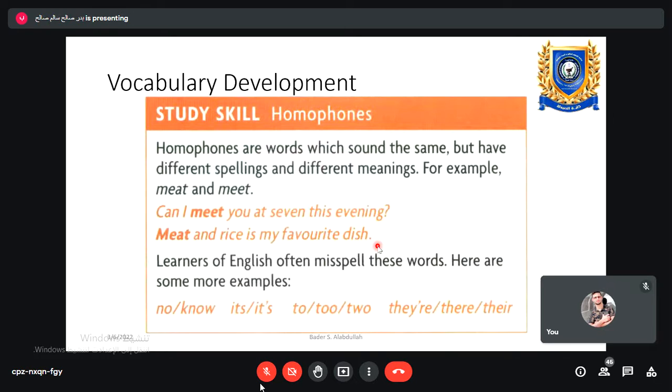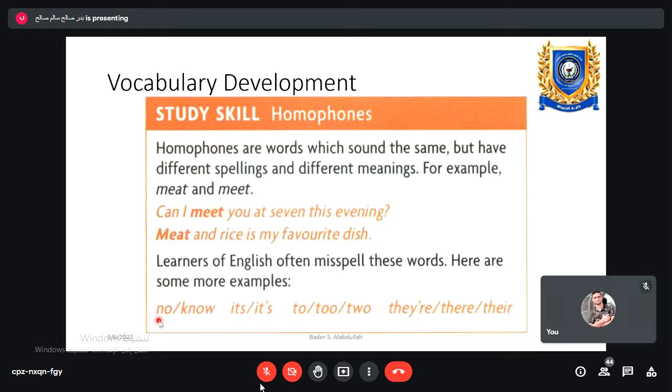Okay? Learners of English often misspell these words. Why do they misspell them? Because they just hear someone speaking and they just write the word. That's why there will be misspelling, and that's why you need to check your writings. Here are some more examples on homophones.